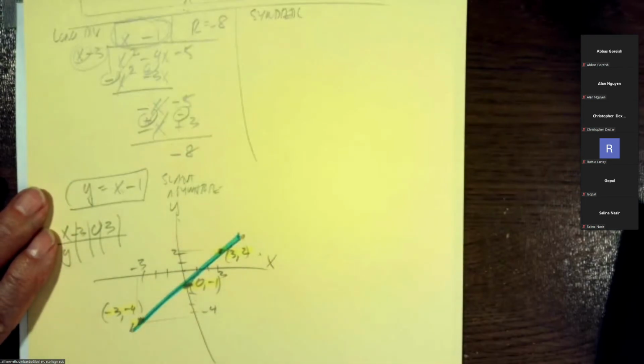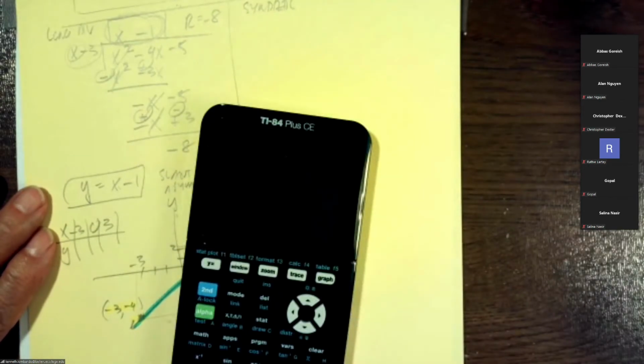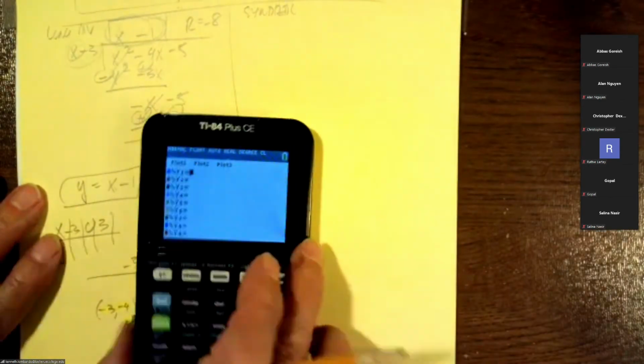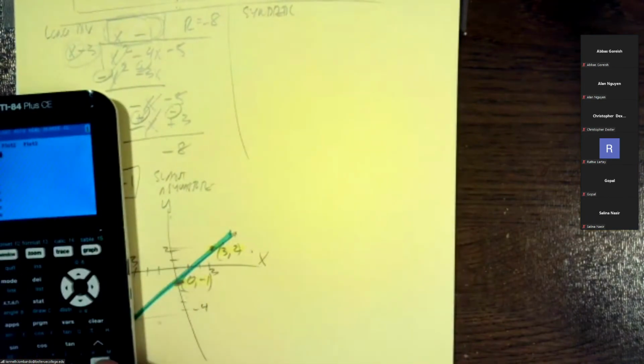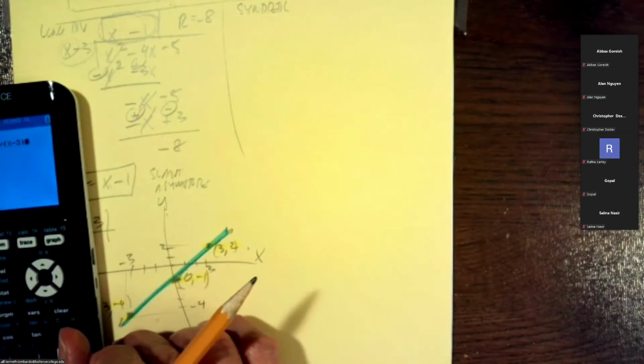Now let me just try an experiment here and see what I get when I put this into my calculator. So let me put in the numerator x squared minus 4x minus 5. Hope this doesn't blow up on me. And x minus 3 in the denominator.